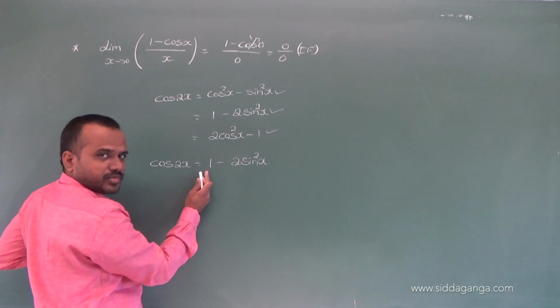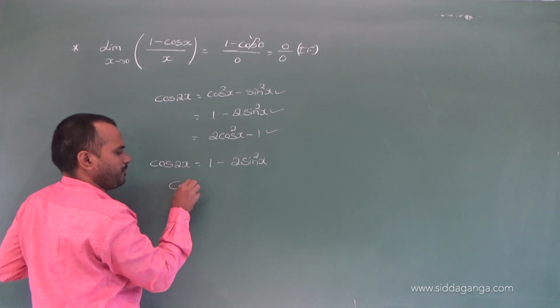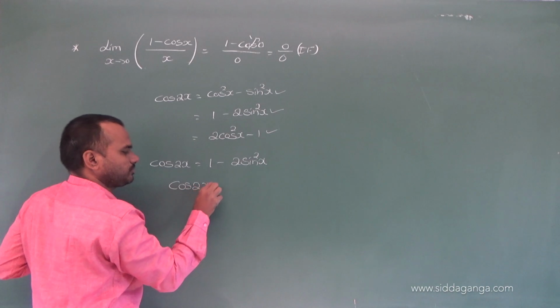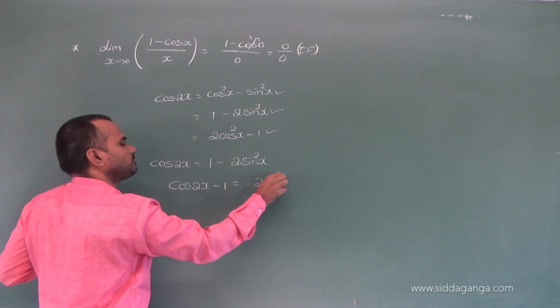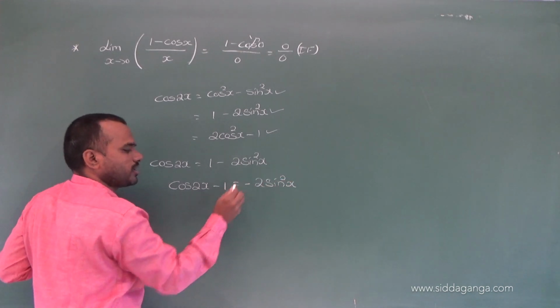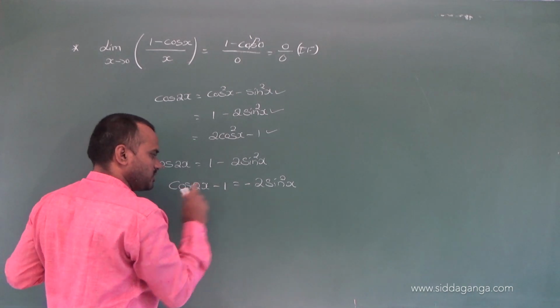In the first step, I shift 1 from the right side to the left side. It becomes minus 2 sin square x. So I take minus common and cancel that.